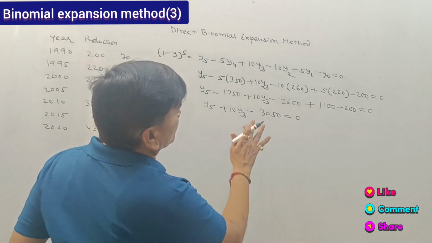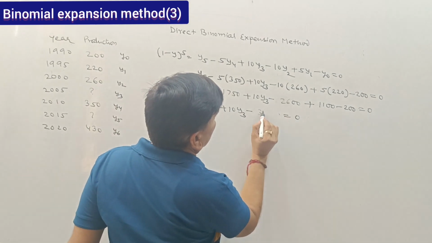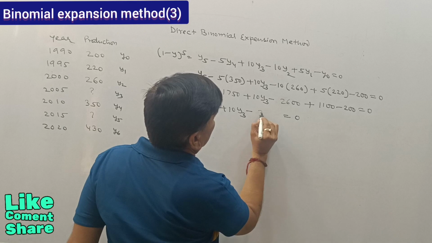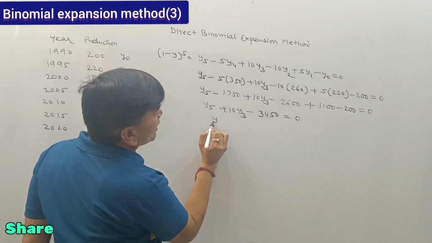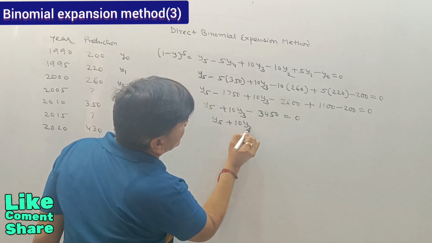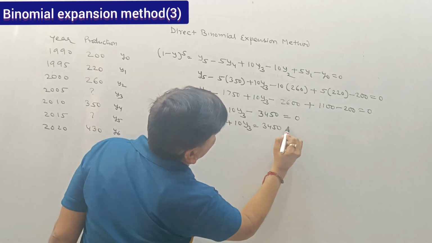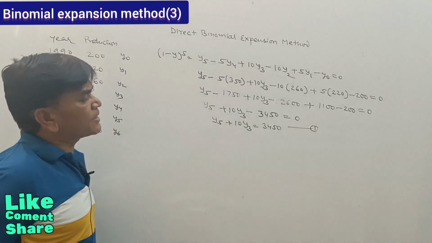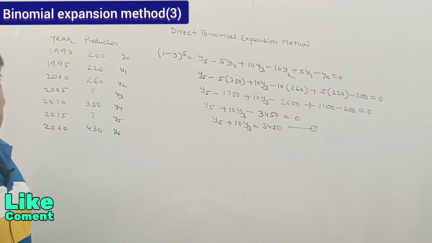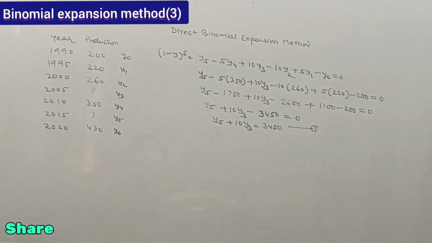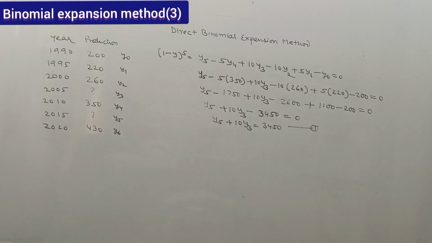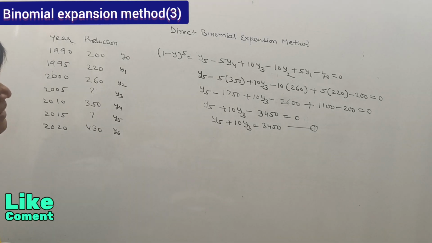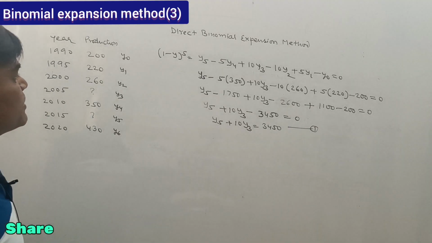So that gives 3450. So the first equation is y5 plus 10y3 minus 3450 is equal to 0. We have created the first equation.